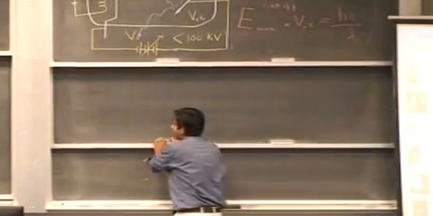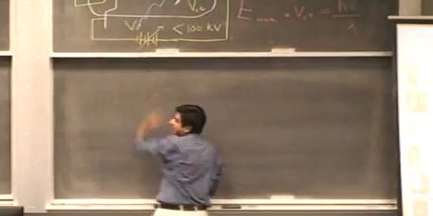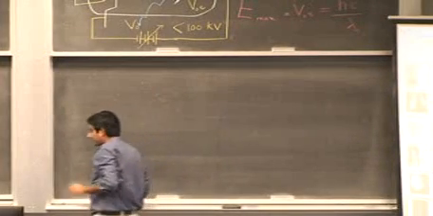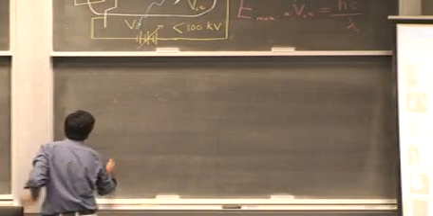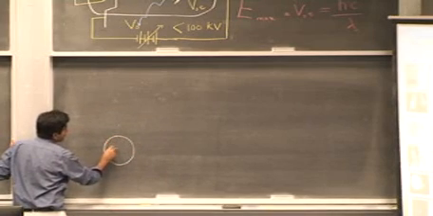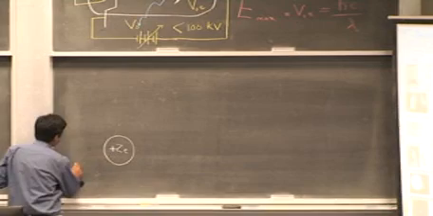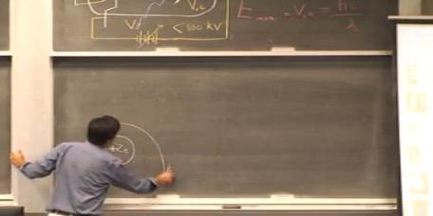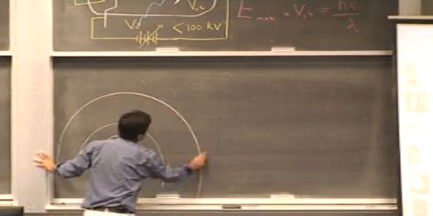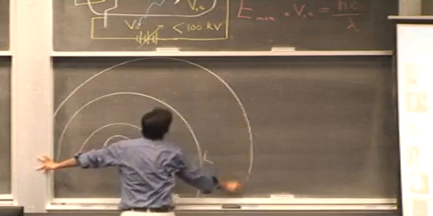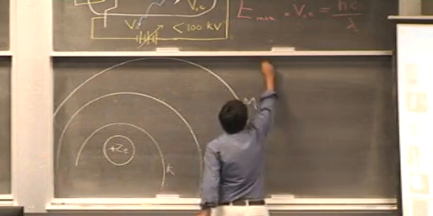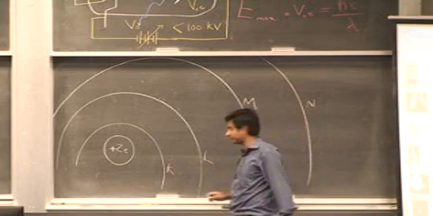Now very quickly, how are X-rays produced? From a quantum perspective, you have an atom which has a central nucleus charged plus Ze, and you have orbits, a K orbit, an L orbit, an M orbit, an N orbit, and so on.